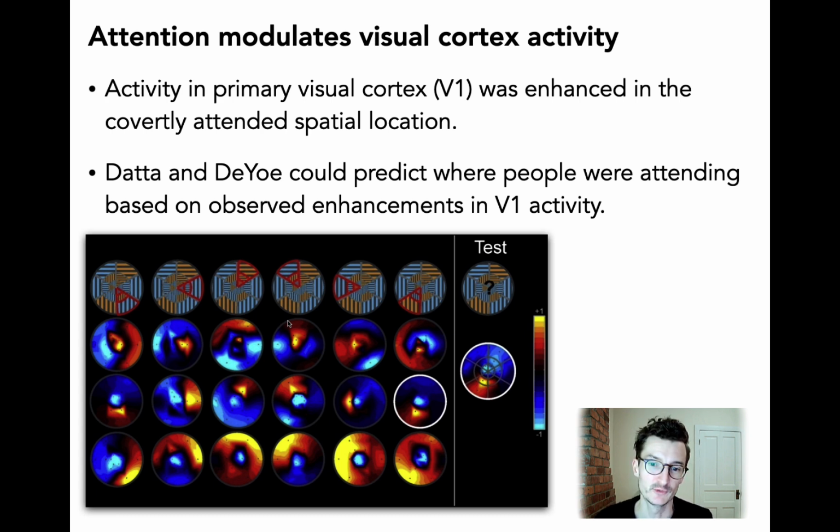And what's really cool was that by looking at the pattern of activity in primary visual cortex, the researchers in this study were able to actually figure out where people were covertly attending.